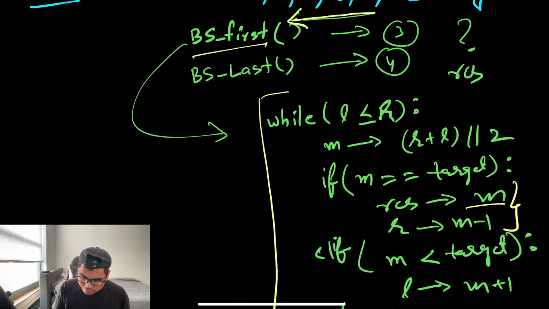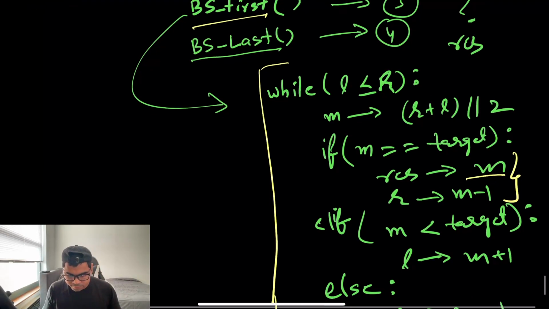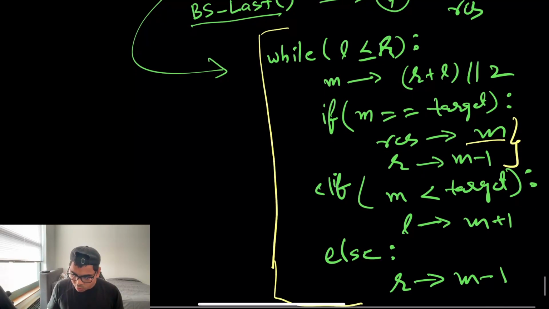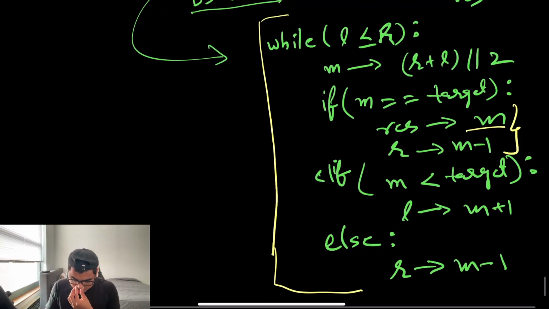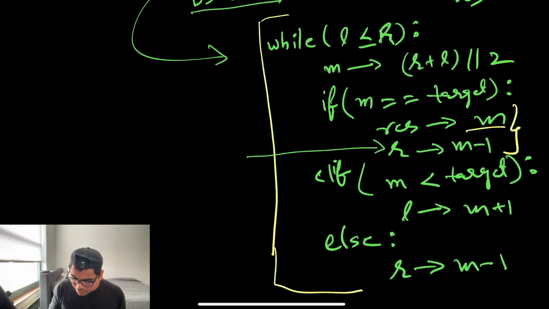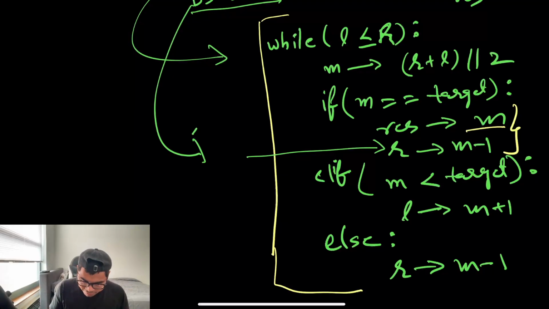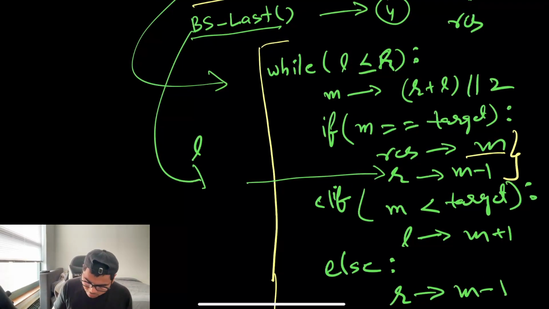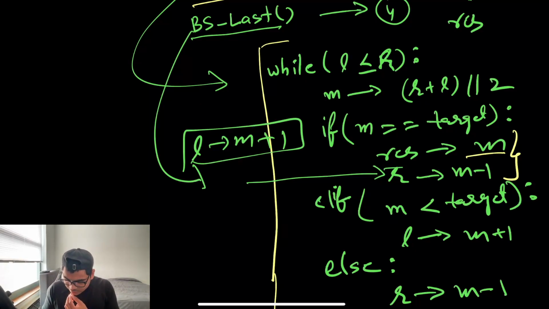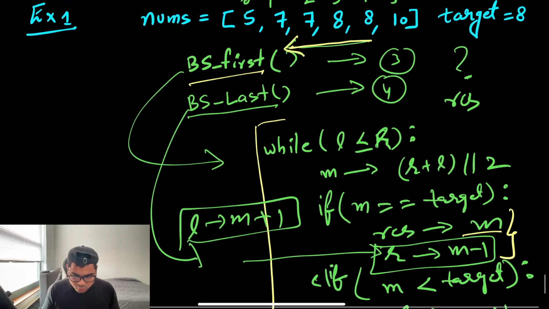For finding the last index of the target, it would be the same code with a little minor tweak: this time, whenever our target is equal, instead of taking the right pointer to mid minus 1, we'll take the left pointer to mid plus 1.